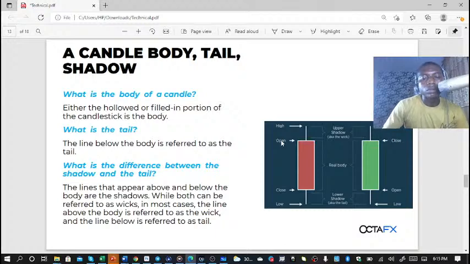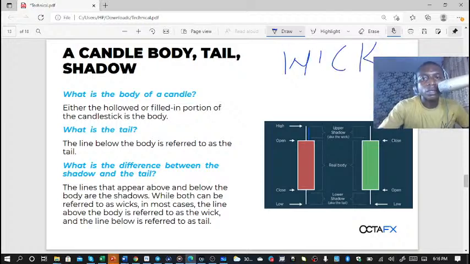Okay, now, like I explained earlier, this is the body of the candlestick. So we call it the full body, right? Now this line to the upside we call the upper shadow. It's also called a wick.